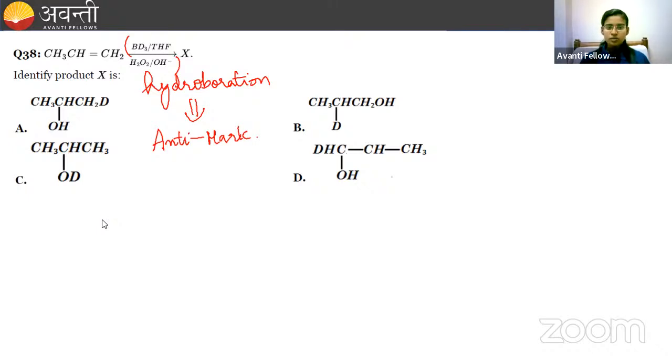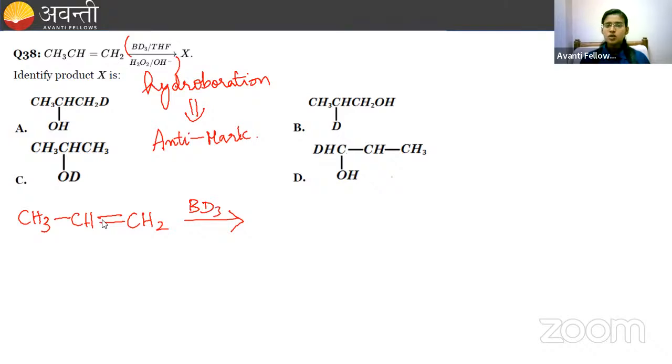Let me go through the mechanism so that you can understand it better. I am going to take an alkene, CH3-CH=CH2. First of all, this alkene is treated with BD3.